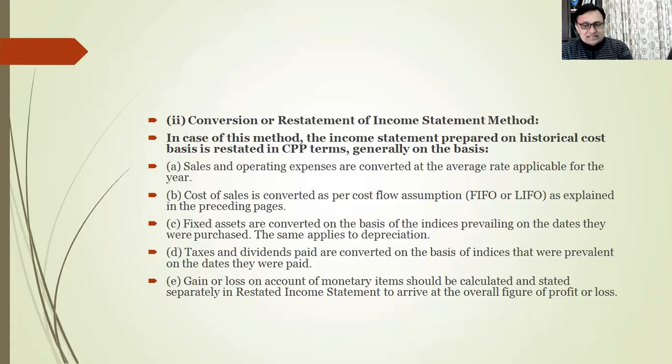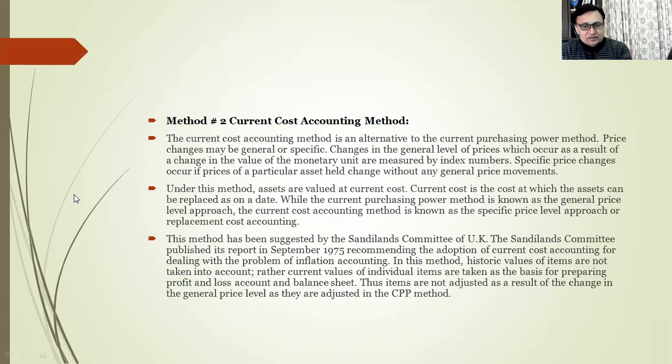Fixed assets are converted on the basis of indices prevailing on the dates when they were purchased, and the same applies to depreciation. Taxes and dividends are converted on the basis of indices that were prevalent on the dates they were paid. Gain or loss on account of monetary items should also be calculated and stated separately in the restated income statement to arrive at the overall figure of the profit or loss.